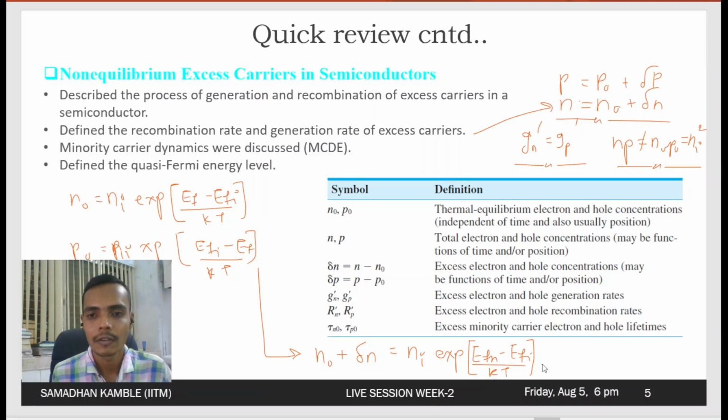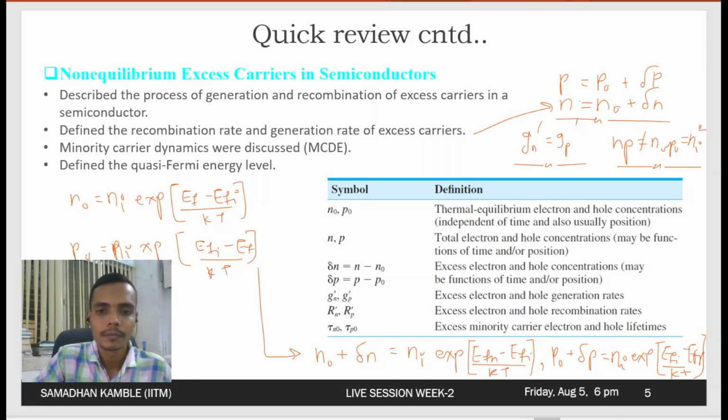And similarly for the holes, that is p naught plus delta p is equal to Ni times exponential of (EFi minus EFp) over kT, where we have introduced the concept of quasi-Fermi levels, wherein EFn and EFp are the quasi-Fermi energy levels for electrons and holes respectively, and the total electron concentration and the total hole concentration now are functions of these quasi-Fermi levels.